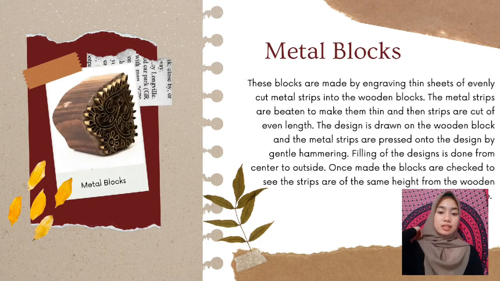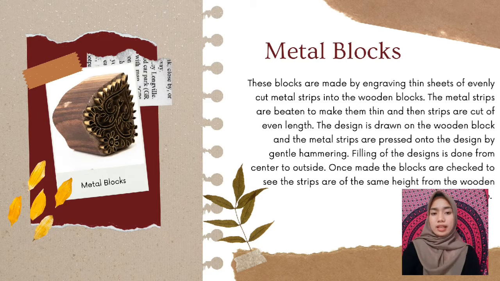Okay, and then the metal blocks. For making intricate patterns and getting a high level of clarity in prints, metal blocks are used. These blocks are made by engraving thin sheets of evenly cut metal strips into the wooden blocks.